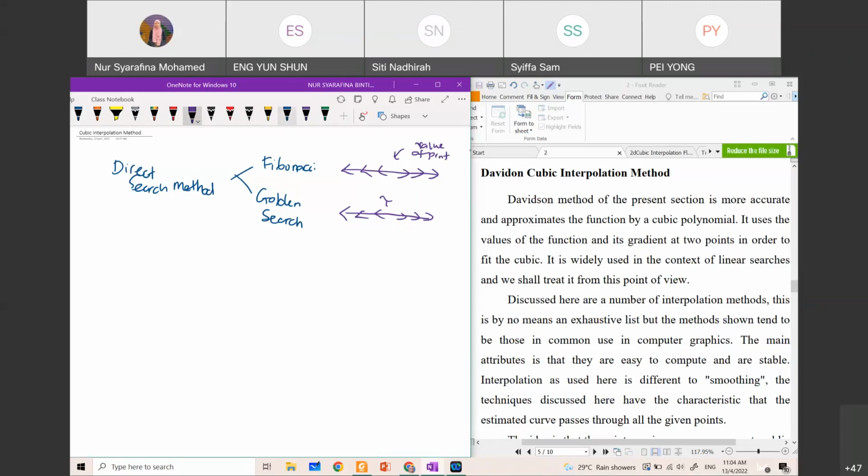And then we have interpolation. In the interpolation methods, we have quadratic, and now cubic. In quadratic, what you have done is discard the value of x4, remember?